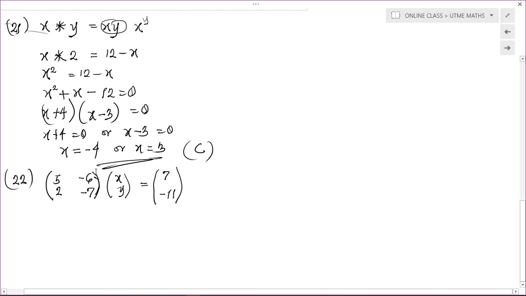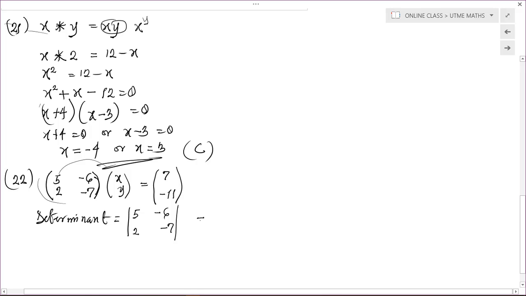Now, to solve this is quite easy. The first thing we are doing here is to find the determinant. So how to find the determinant? Determinant here is quite easy. Taking everything like that, we have 5, 2, minus 6, minus 7.